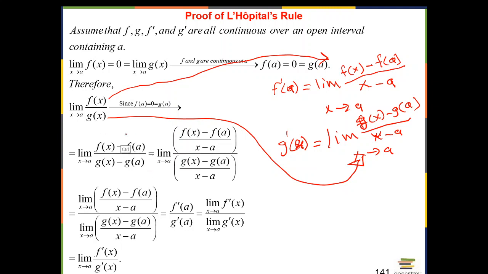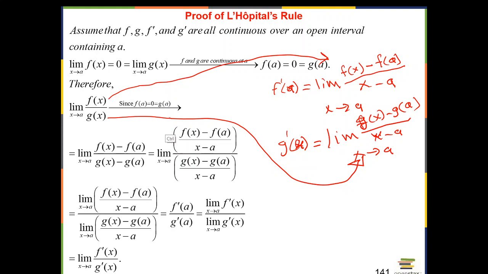I can also divide the numerator and denominator by x minus a. It doesn't change the value of it, right? And I know the limit of something over something is the limit of something over the limit of something, right? The limit of a quotient is the quotient of the limits. And so this turns into this, and I know this is a derivative, right?